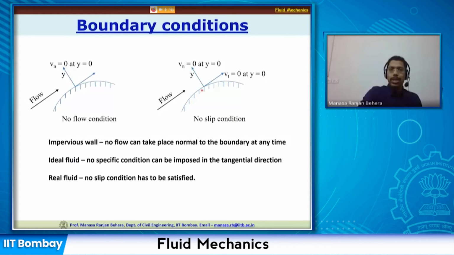And obviously, it is impervious, so the normal velocity is also going to be 0. So in case of no slip condition, tangential as well as normal velocity both are going to be 0 on the surface. Whereas in case of no flow condition, only the normal velocity is going to be 0, but tangential velocity may exist. So we have two different conditions that we can apply for two different types of problems or two different types of fluids here.